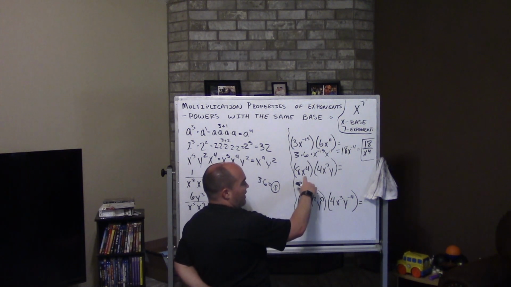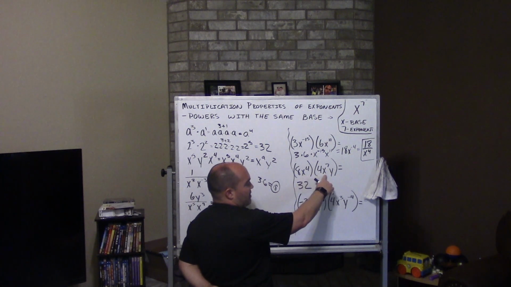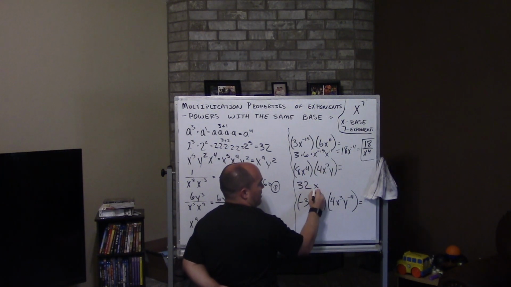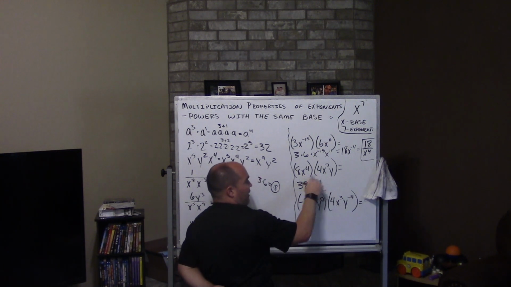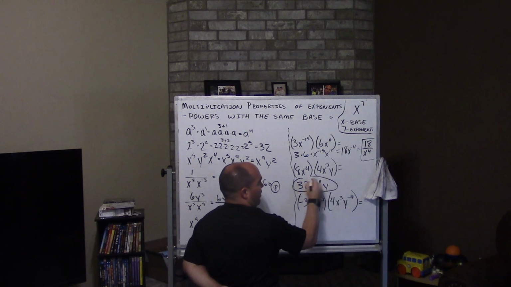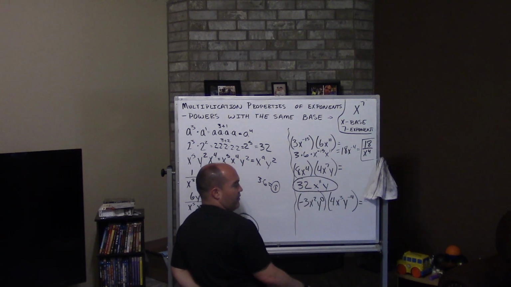Alright, so now I've got x to the 4th. I've got an x to the 7th over here. So x to the 4th and x to the 7th. My rule is that they have the same base, which they're both x. Then I'm going to add the exponent, so that is x to the 11th. And then I've got just one y right here, so I'm going to put that y in there also.